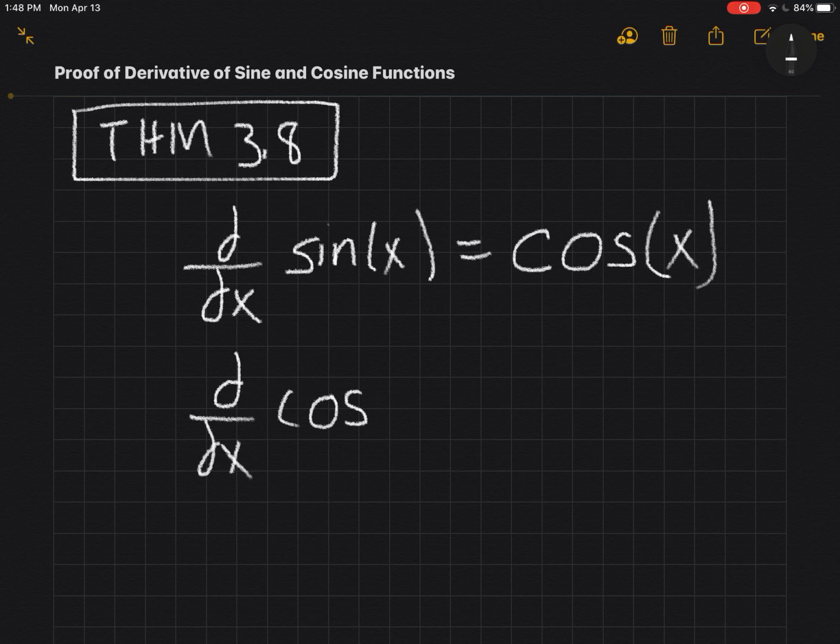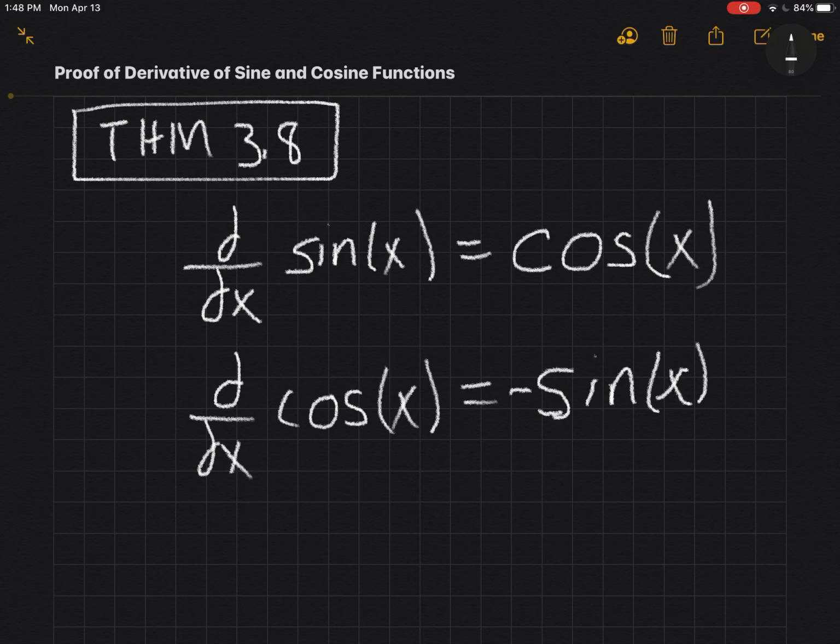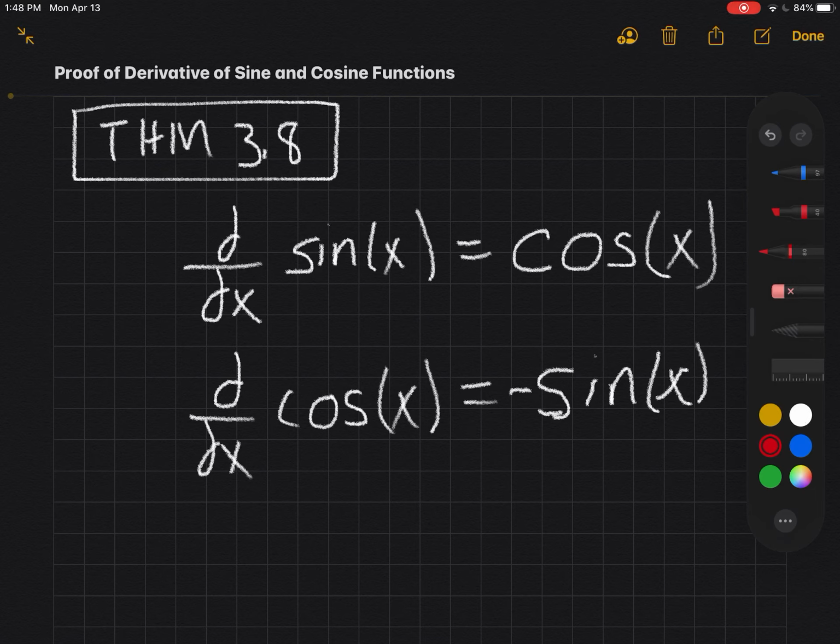If I take the derivative, d by dx, of sine of x, the derivative of sine is cosine of x, and the derivative of cosine of x equals negative sine of x.